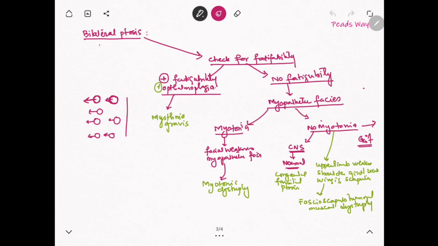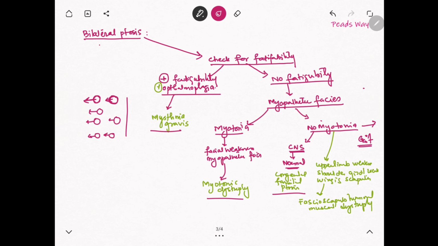If there is bilateral ptosis, check for fatigability. If fatigability is positive and ophthalmoplegia is positive, myasthenia gravis. And if there is no fatigability, check for myopathic facies, myotonia. If there is myotonia and facial weakness, it is myotonic dystrophy. If there is no myotonia and CNS is normal, congenital familial ptosis.